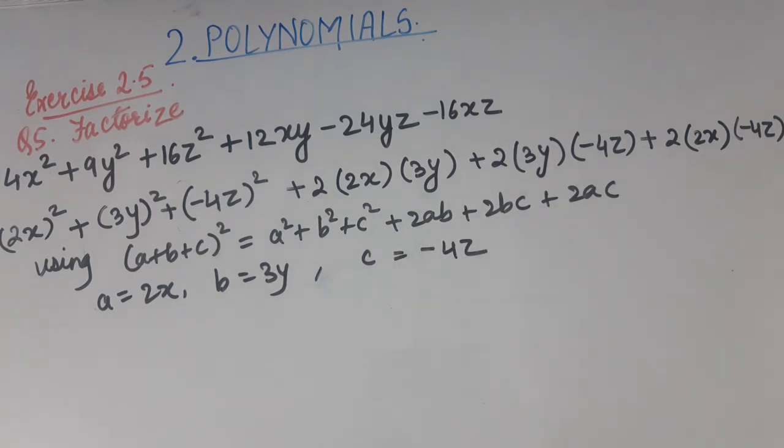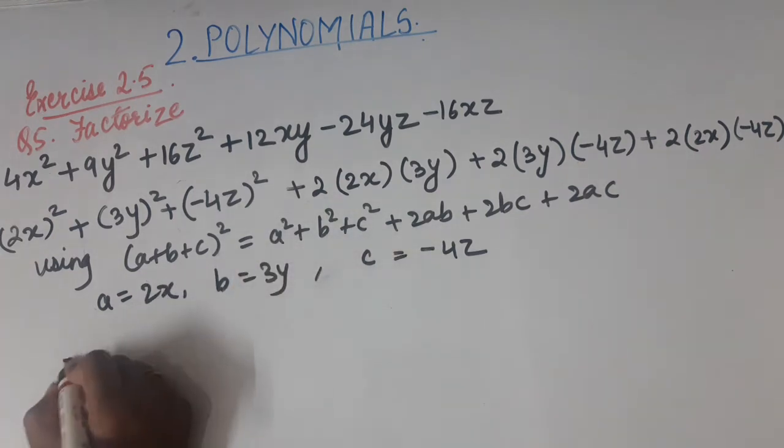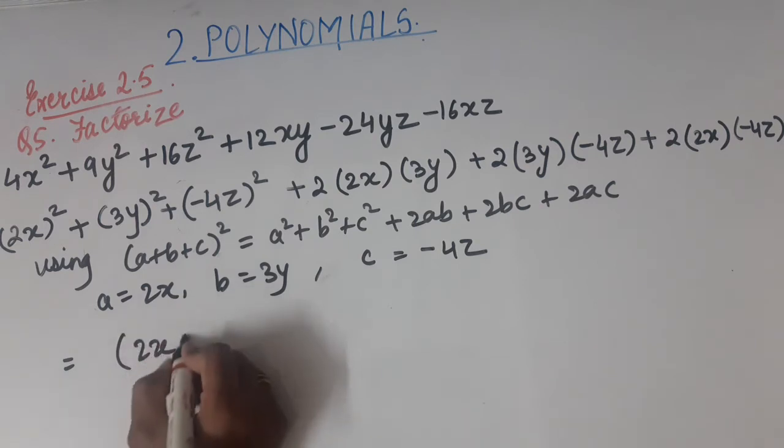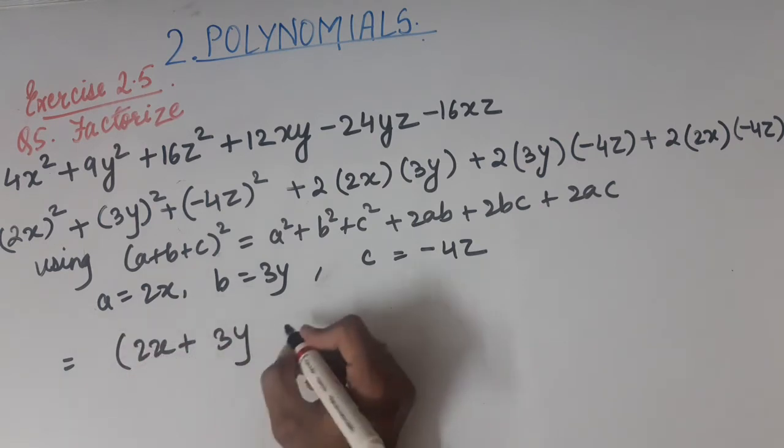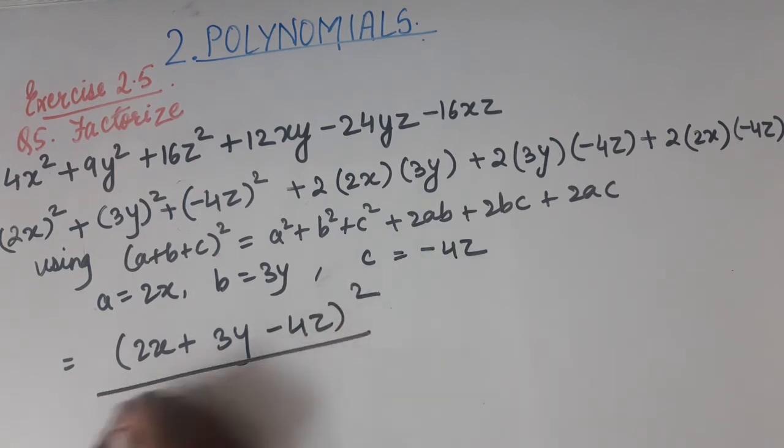Get the factors using the identity. You will have A plus B plus C whole square, which is 2x plus 3y minus 4z whole square. This is the result of factorization using the identity.